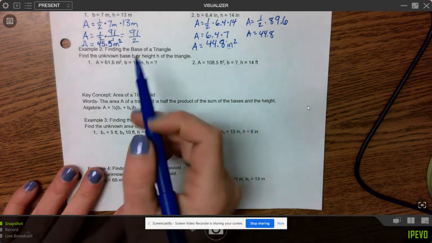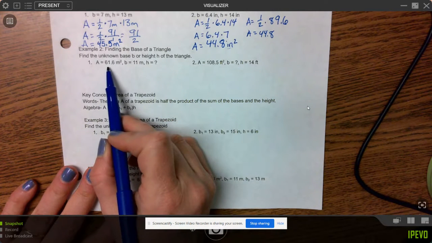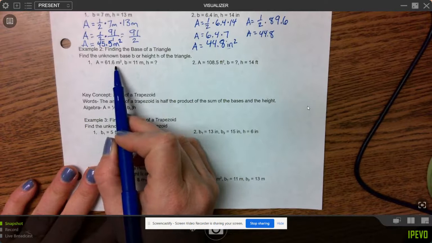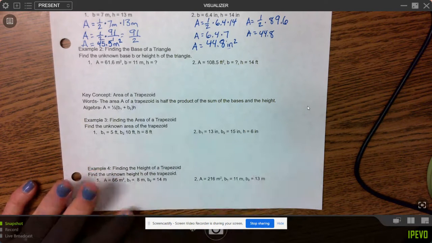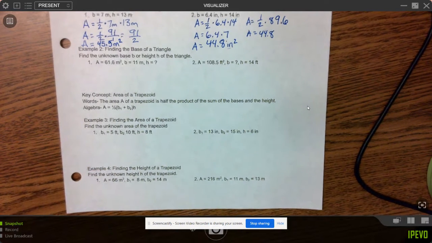So let's say we're given an area of 61.6 meters squared with a base of 11. How do I find the missing height? What do I have to do, Brielle? Tell me how would I set up my equation?